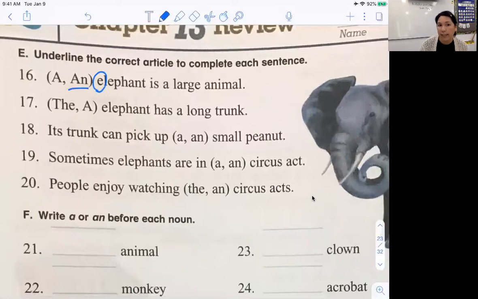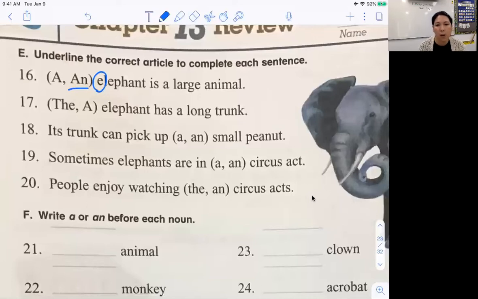Okay, now you're going to try 17 through 20 on your own. The elephant has a long trunk, or a elephant has a long trunk. 18. Its trunk can pick up a small peanut. Its trunk can pick up an small peanut. Number 19.